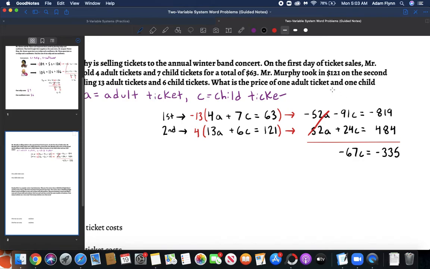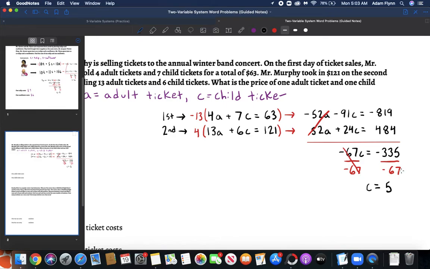So now I can divide both sides by this negative 67. Negative 67's cancel on the left side, and on the right side we are left with c equals negative 335 divided by negative 67, which is going to be a positive 5.